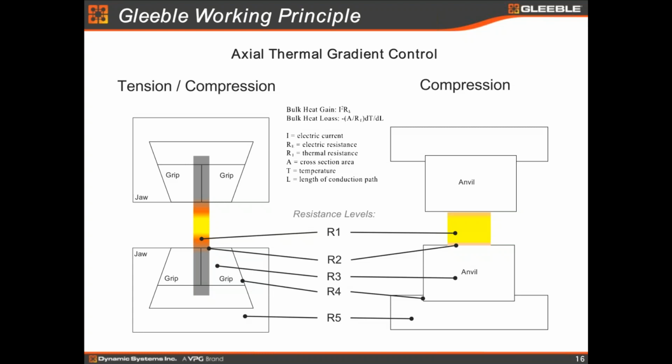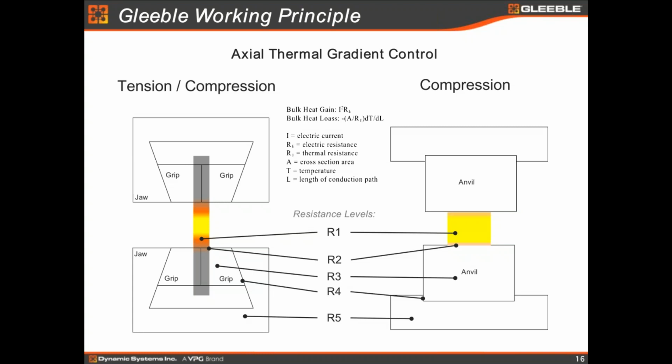But the key here is this: how can you control the thermal gradient in your specimen? We know in the electrical circuit, from the transformer to the specimen, it's a real electrical circuit. And I'm telling you that with the DSI Gleeble thermal loop, the secondary voltage is only 12 volts, and the voltage between the two jaws is only about 6 volts.